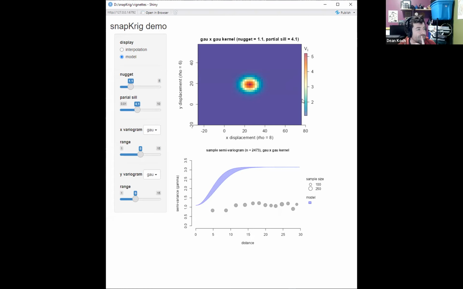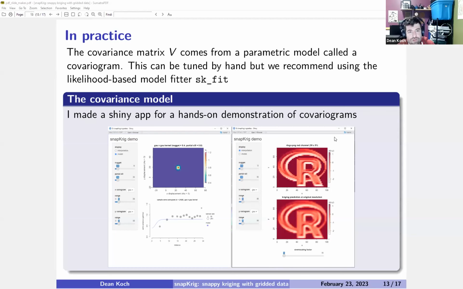So let me close this demo. I'll go back to my slideshow. So what I've said in the slide here is you can pick your covariance parameters by hand.